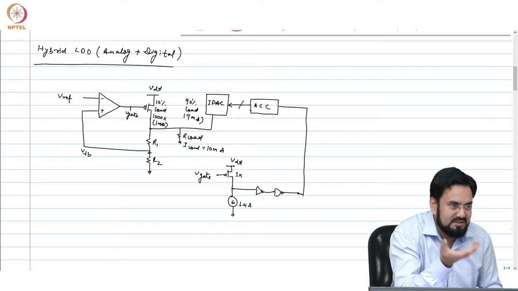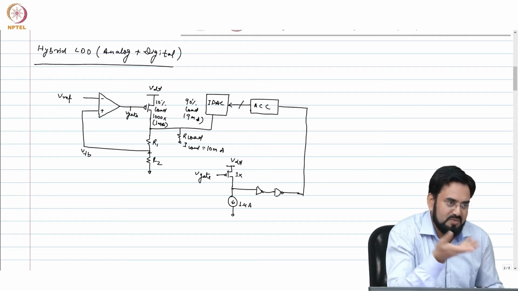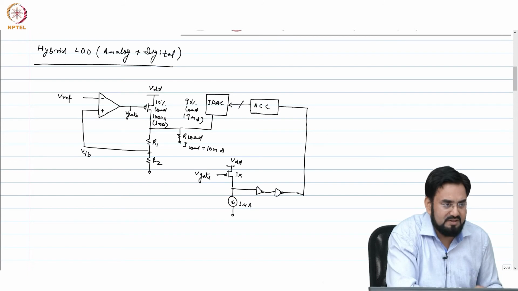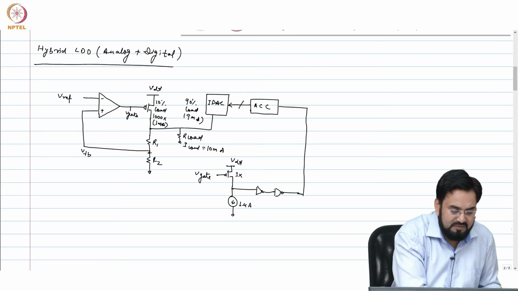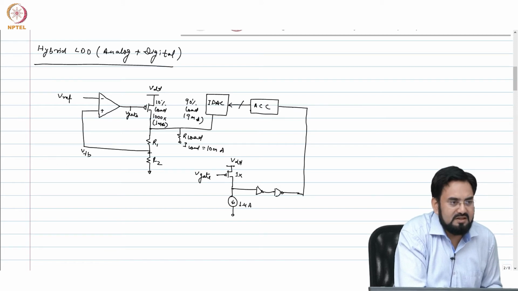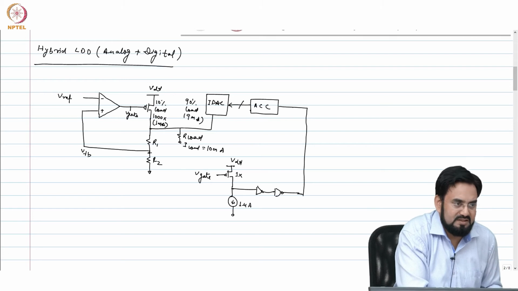Each process has a current density for those metals, so per micron square, how much current it can carry. You have designed it for 1 milliamp, and usually you size 2x to keep some margin because of temperature variation and all those. So let's say you have kept the metal width to drive 2 milliamp max, but your load is drawing like 10 milliamp of current. Those metals will melt actually, and that's called electromigration.